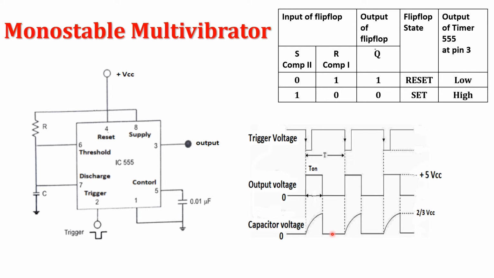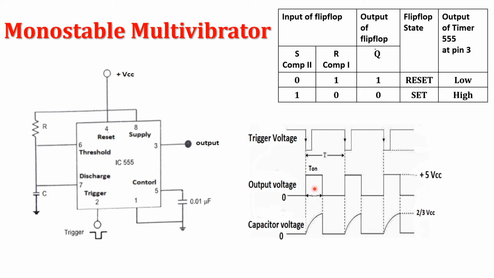And the output of the timer goes from high state to low state. This high state we call the quasi-stable state. It is an unstable state. The low state is the stable state.